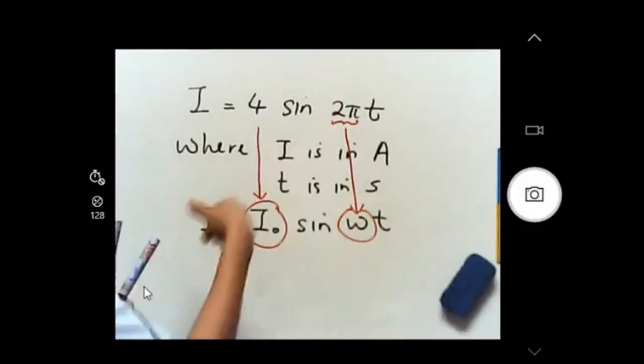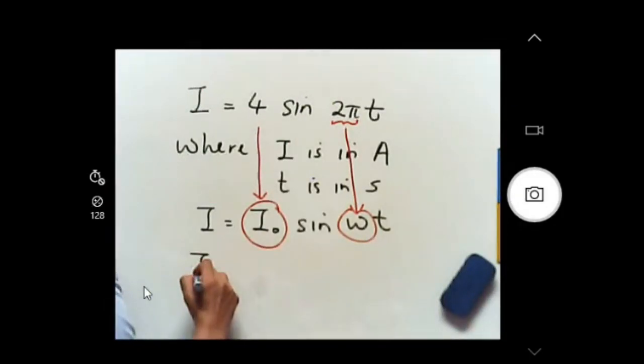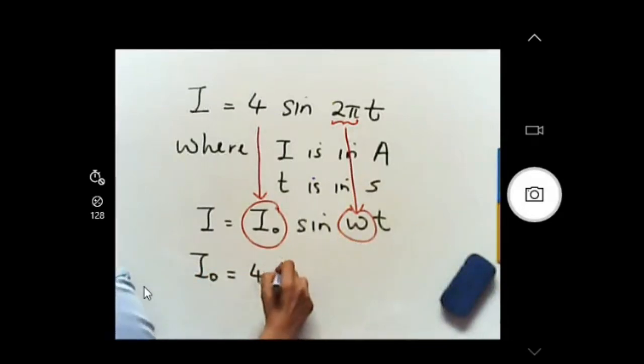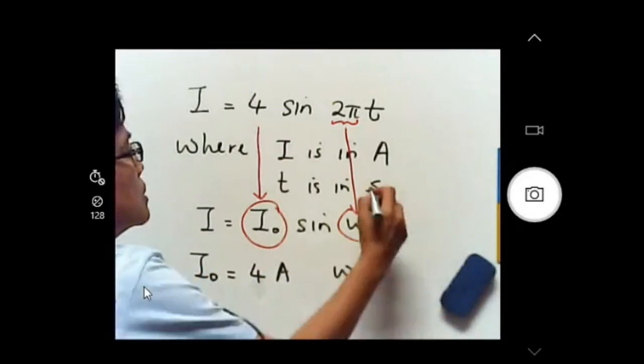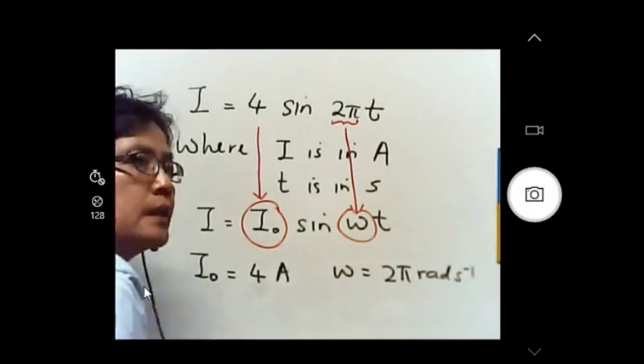That means from here I can interpret the equation as I naught is 4 ampere and angular frequency is 2 pi radian per second.